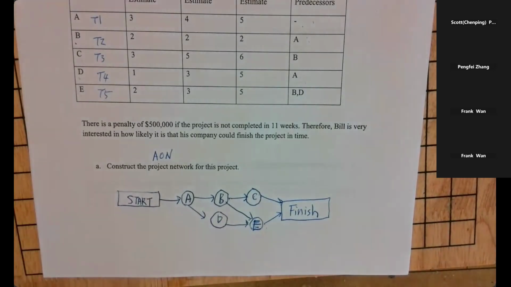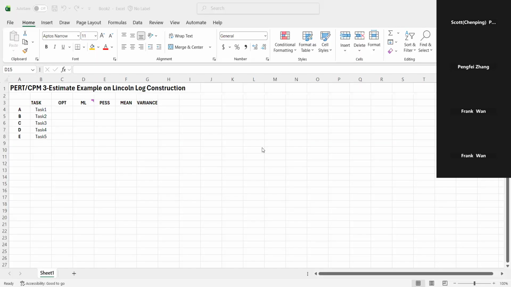Okay. We begin with the Excel spreadsheet application. Give the application a title: PERT CPM, three-estimate example on Lincoln Log construction.